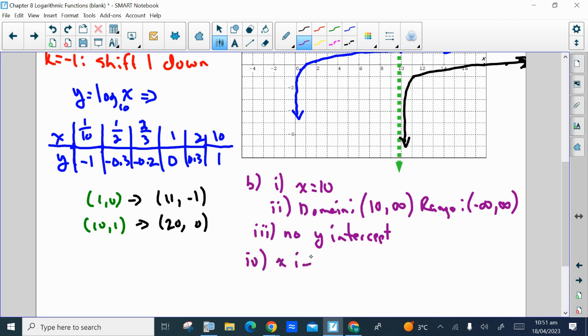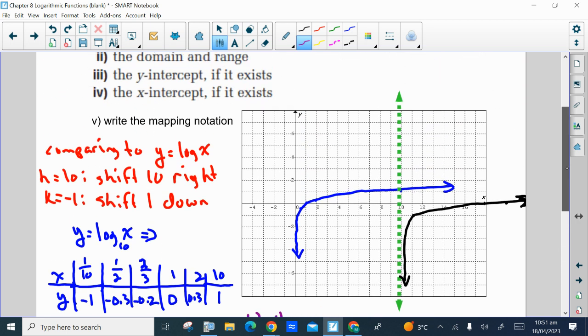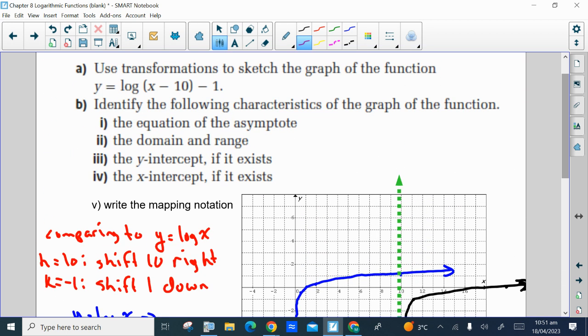Our x-intercept is where y is 0, which we have that point right here, 20, comma 0. But it could be found algebraically, which we've already seen how to do. If you take that equation and let y equal 0, 0 will equal the log of x minus 10, minus 1.